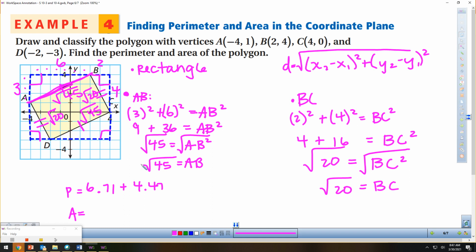Then down here is the square root of 45, so again that's plus 6.71. And then this length is the square root of 20, which is 4.47. So my perimeter is going to be adding up all those sides. And when you add them all up, and we're going to round to the nearest tenth, you get 22.4 units squared.